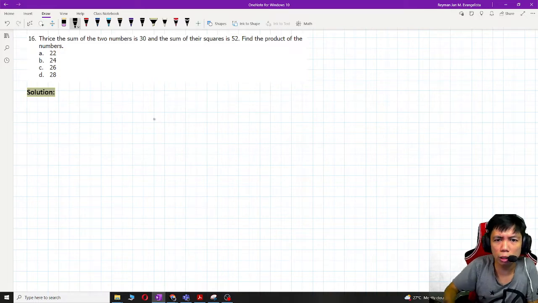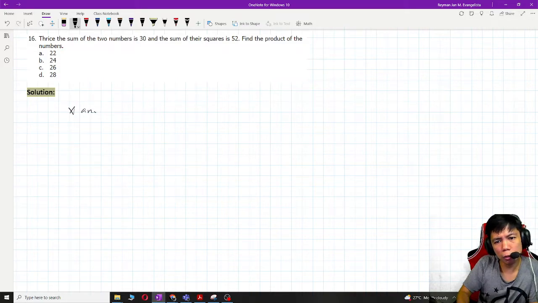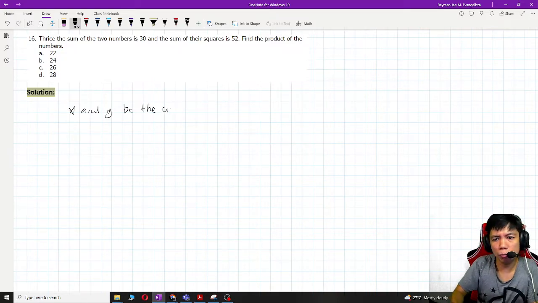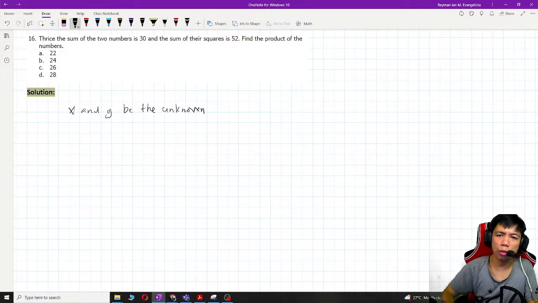So x and y be the unknown numbers. In this case, guys, now you can find the values of x and y or the unknown numbers or pwedeng hindi. So I will show you no na hindi required kunin dito yung values ng unknown numbers.